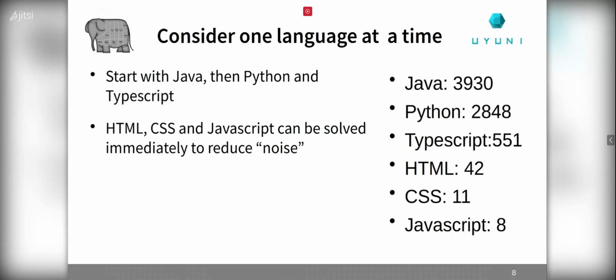For example, for HTML, CSS, and JavaScript, the number of issues is so low that we can sanitize them directly just to avoid having some noise around. An example is that HTML errors have already been eliminated. They were all in one license file, and we discovered that we are not even using that library anymore, so we removed the file straight away.